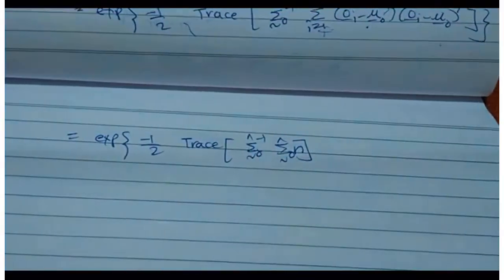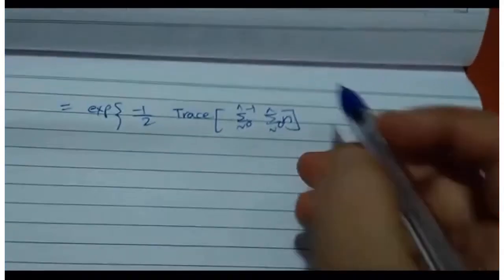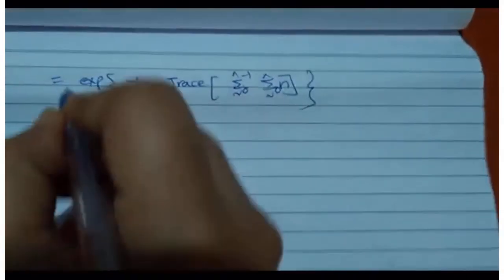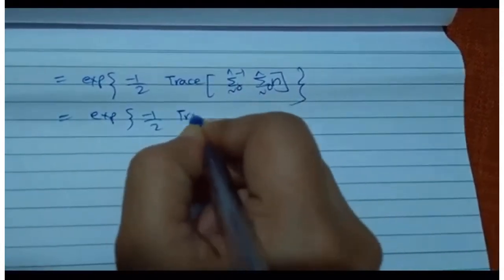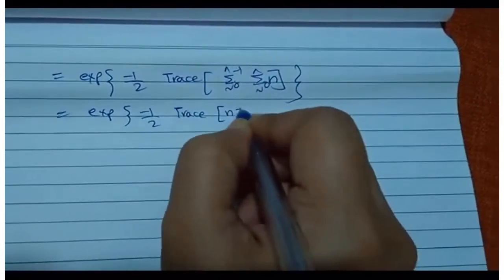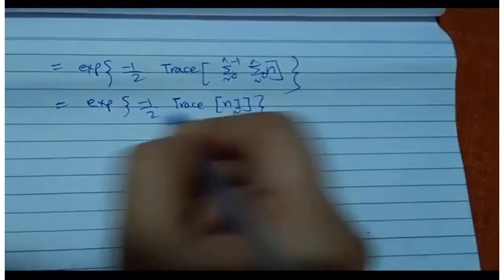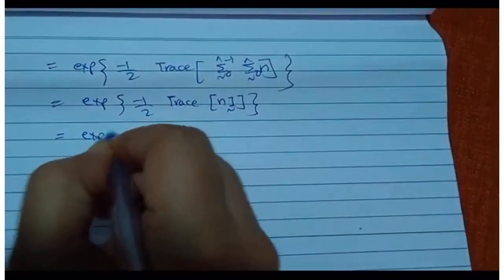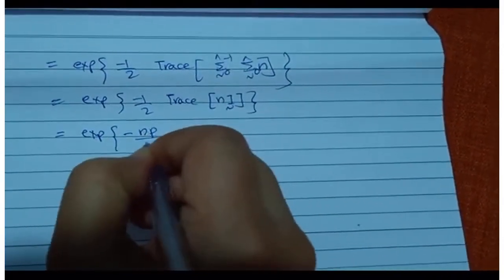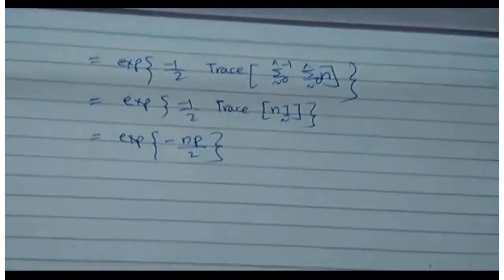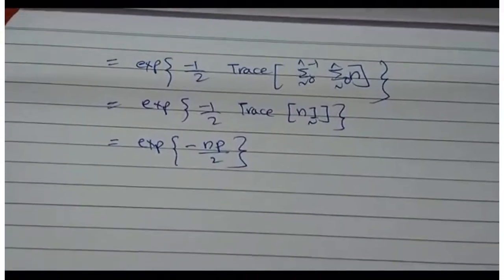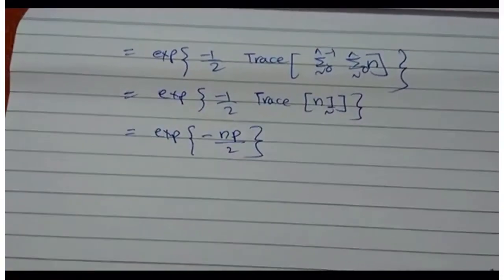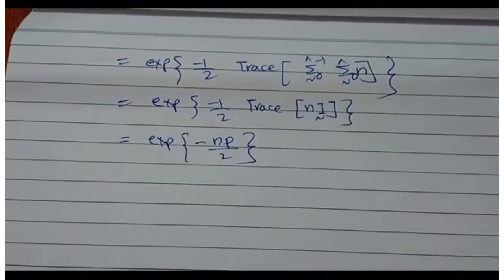So I am left with n times identity matrix, and hence this becomes e raised to minus half trace of n I, where I is the identity matrix of order p cross p, hence this is e raised to minus np by 2. So exactly like in the case of MLE, the exponential term here gets simplified a lot and it becomes only e raised to minus np by 2.